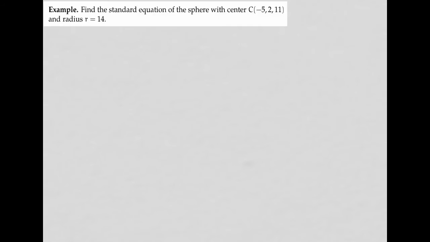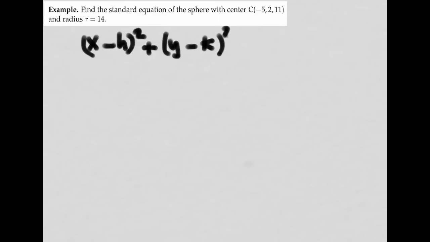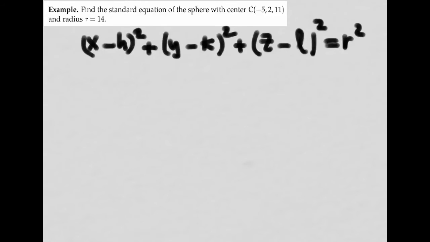Let's recall what the standard equation is. (x minus h) squared plus (y minus k) squared plus (z minus l) squared equals r squared.